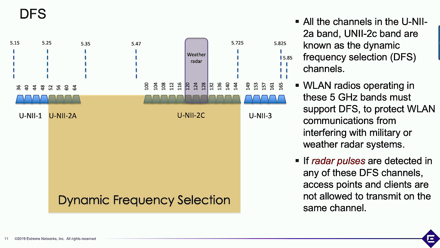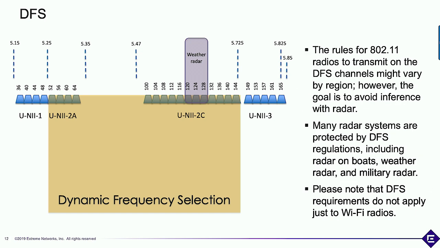And by the way, it's not just Wi-Fi that's not allowed to interfere, it's other kinds of frequency transmissions. This is a license-free band, and other kinds of RF are not allowed to interfere with the weather and military radar as well. So there has to be a mechanism to prevent potential interference with radar, especially outdoor, obviously, but it can be indoor as well.